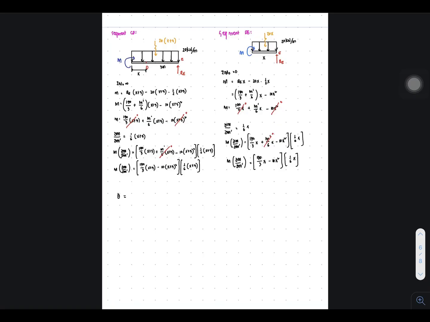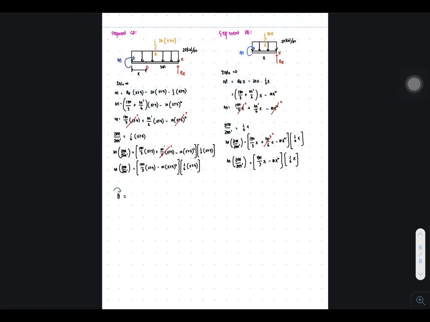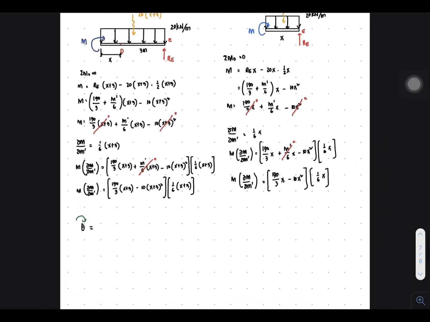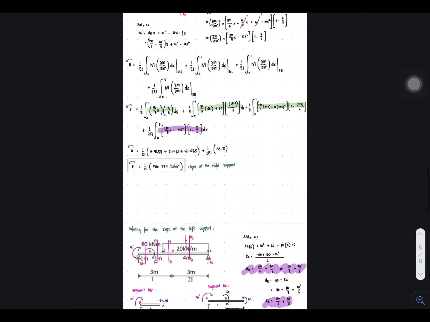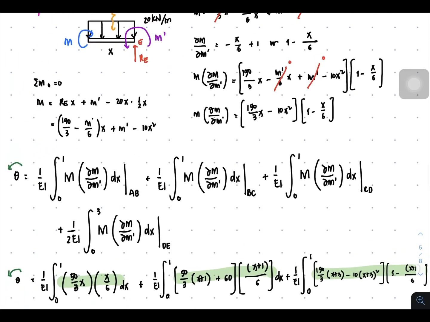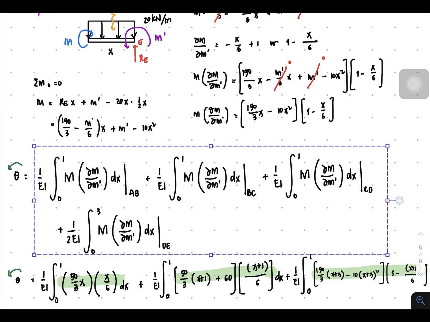So this time we will be getting now the slope, and we assume that the rotation would be like that, and it's going to be the integral of all the segments. So let's just copy this portion here since they are just the same.